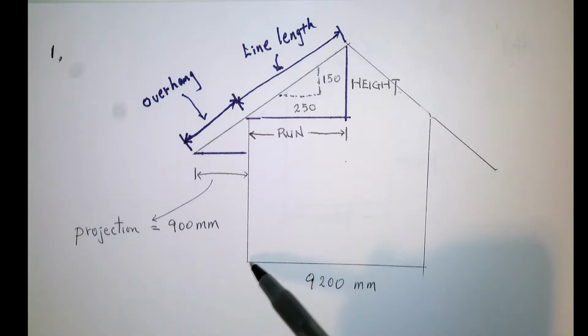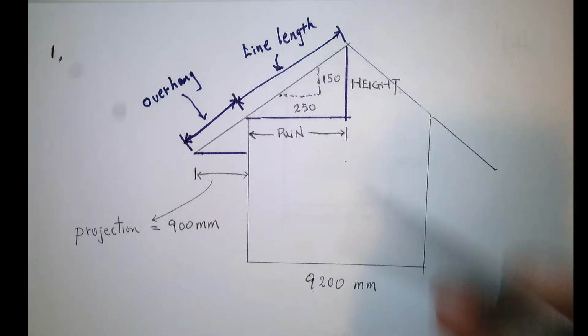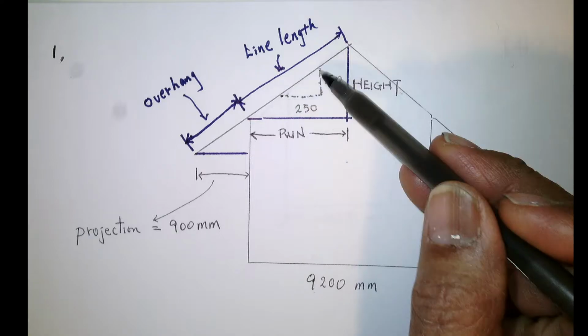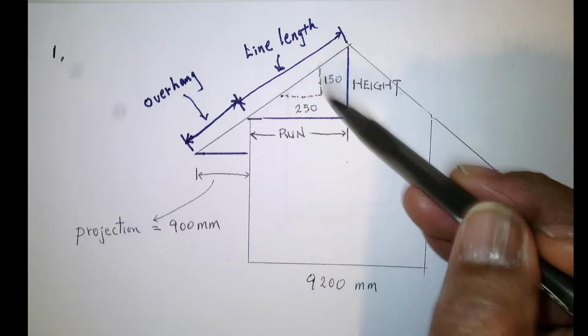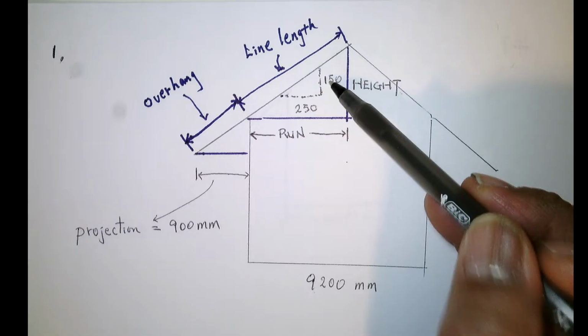And the width of the building is 9,200 millimeters. Then the slope of the roof, at anywhere, that is called the cut. At anywhere you measure, the slope is always in the ratio of 150 over 250.